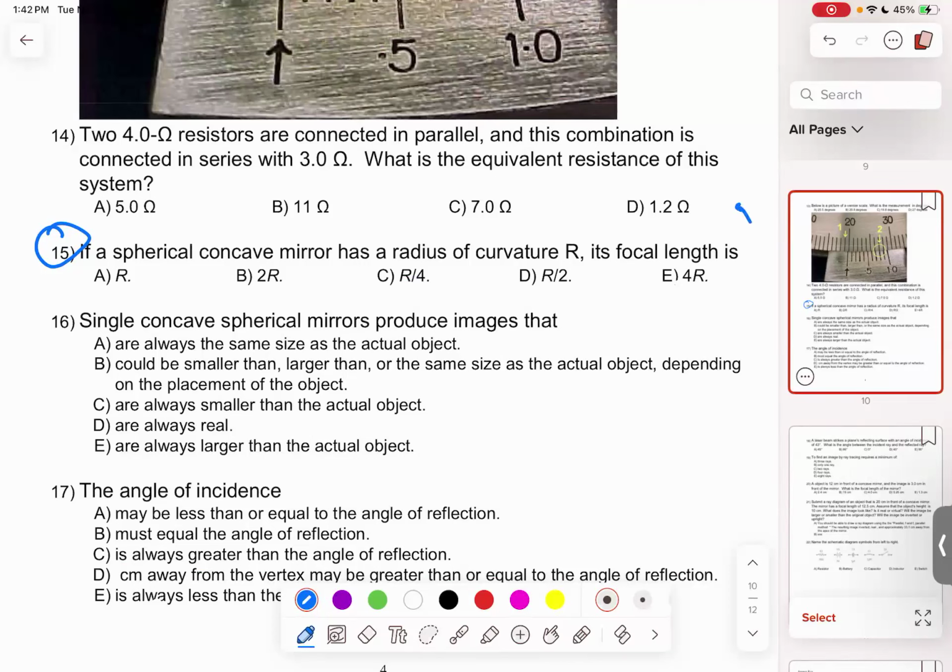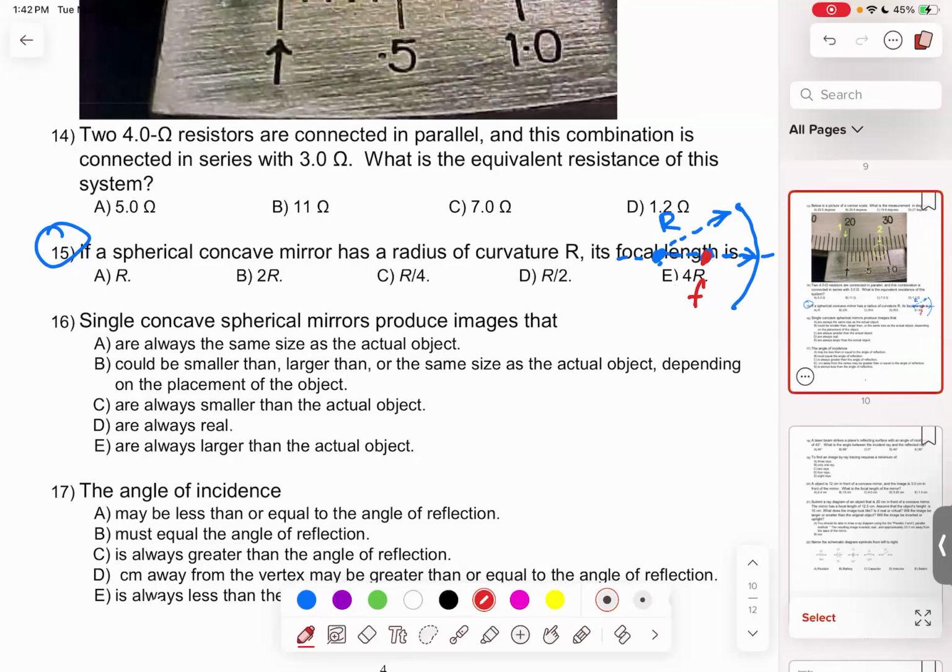The mirror looked like this. We had some axis point here, and our radius for this circle was R. We can measure also R along this length here, but the focus was halfway in between.